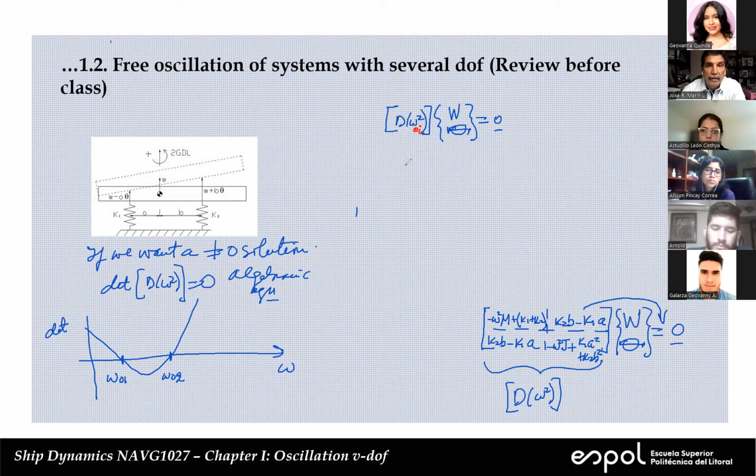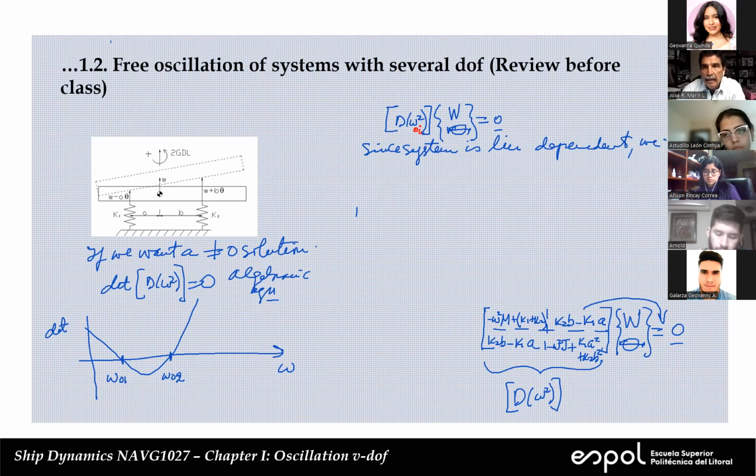What can we do? Since the system is linearly dependent, we neglect or forget about one of the equations.